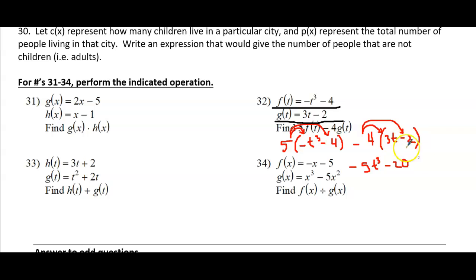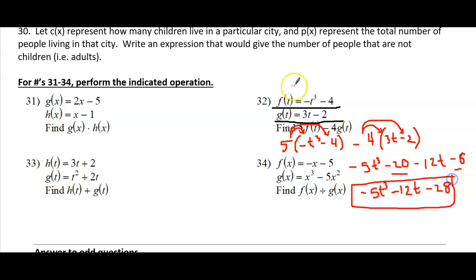So negative 4 times 3 is negative 12t, and then negative 4 times negative 2 is negative 8. We can simplify this because the 20 and the 8 can be combined. So I'm going to end up with negative 5t cubed minus 12t, and then the 20 and the 8 make negative 28.